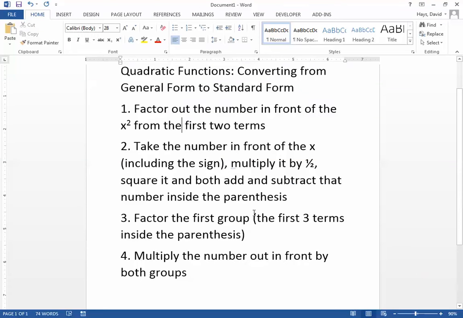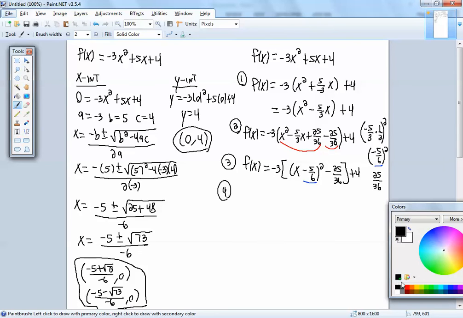Step 4. Multiply the number out in front by both groups. So we're going to take the negative 3, and we'll multiply it times our first group and times our second group. So we got f of x equal to negative 3 times x minus 5/6 squared, minus 3 times negative 25 over 36, plus 4.